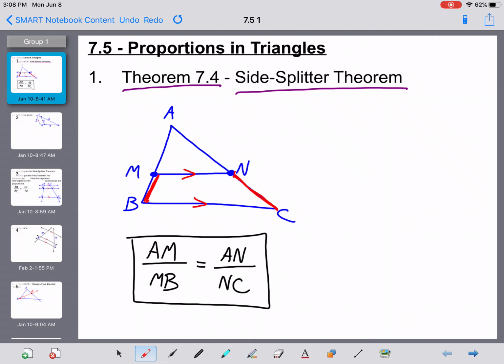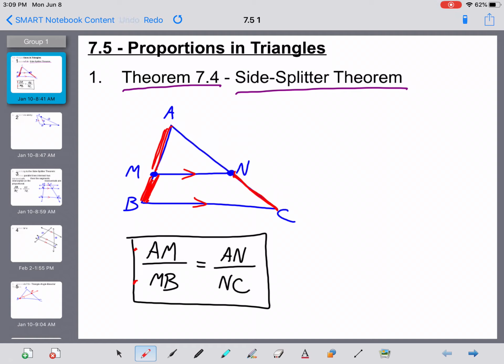So it says that this top segment right over here, AM, can get divided by MB down on the bottom. So there's your AM divided by MB, and that ratio, the ratio of AM to MB, is identical to the ratio of AN to NC. So these two big sides of the triangle, AB and AC, get split by M and N, and that's where the phrase side splitter comes in.